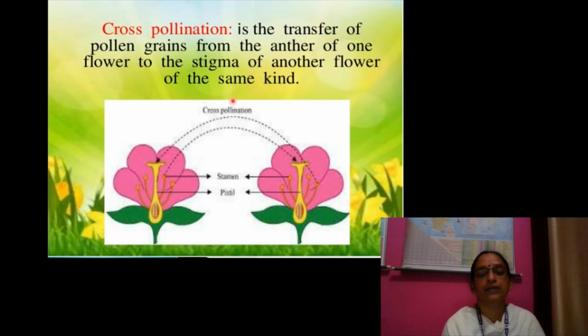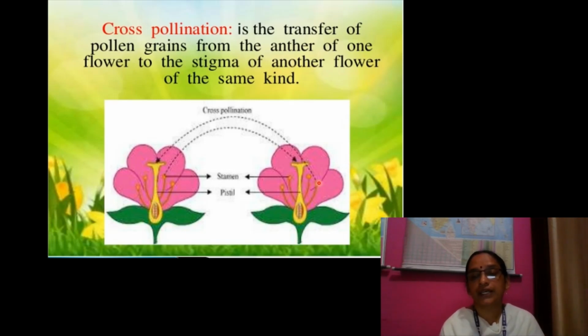Let us study cross-pollination. See here two flowers are there. From the first flower, let us see the stamen. From this stamen, pollen grains travel to the pistil of the other flower. But what is the condition? Both flowers are of the same kind or same species.